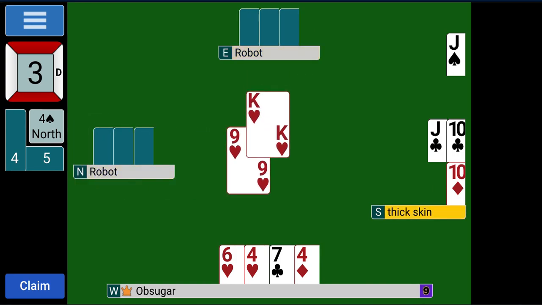So what was the distribution of the club suit? We started with seeing South and West, and we were 4-4. Still 4-4, right?